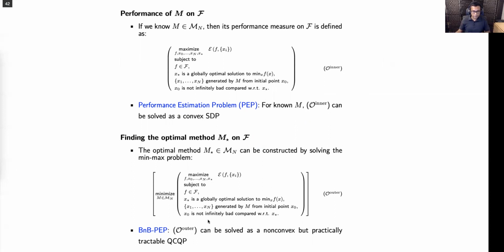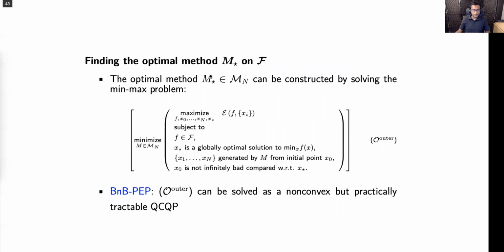Inside we have this worst case performance measure, and on the outside we are trying to minimize that worst case performance measure over all the methods in our fixed step first order method class. And BnB-PEP shows that this outer problem can be solved as a non-convex but practically tractable QCQP. QCQP means quadratically constrained quadratic optimization problem. So this is the problem that we will focus on.